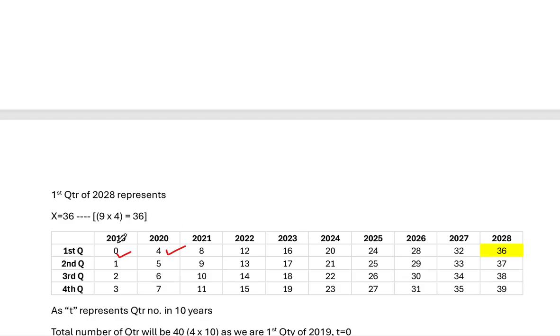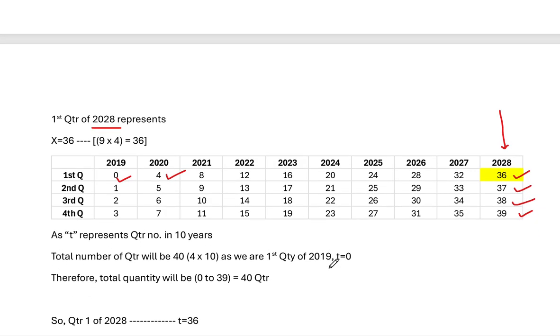Here we can see total 40 quarters till the year 2028. So, first quarter of 2028, because in the question we need to calculate quarterly sales of year 2028. So, first quarter of year 2028, X will be 36, second quarter 37, third quarter 38 and fourth quarter is 39.